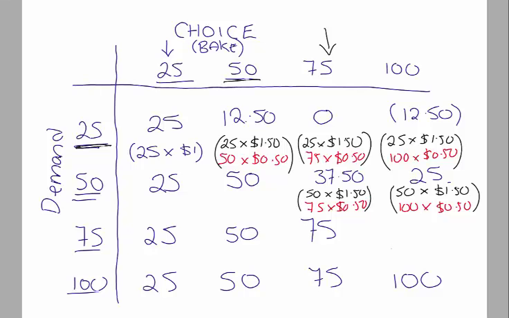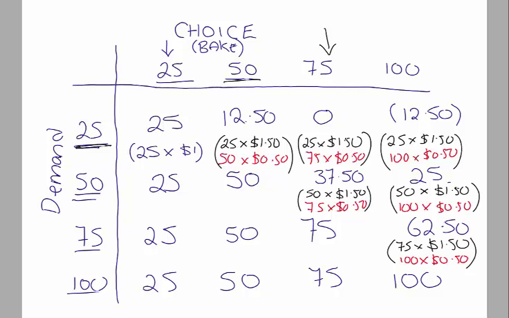The last figure then, if you made 100 and demand was 75, you would sell 75 at 1.50 each, which is 112.50, and then you make 100 of them at 50 cents each, which is a cost of 50, which will give you a profit of 62.50.